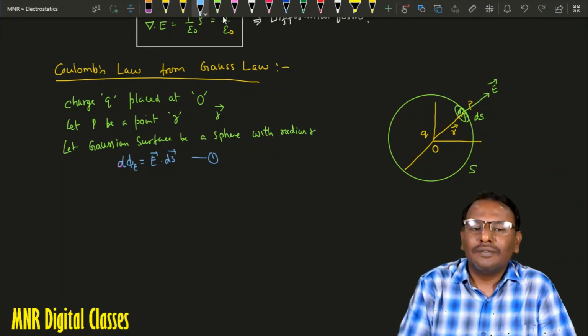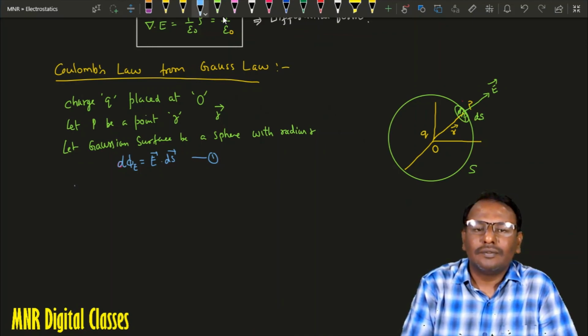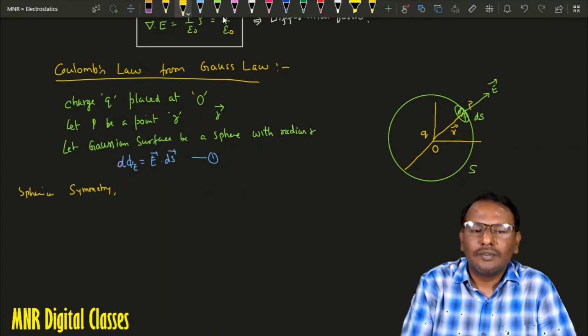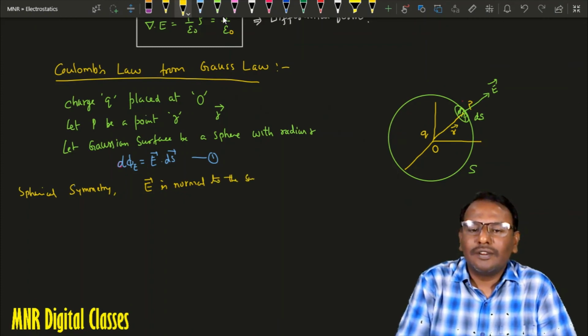Now observe here, from symmetry, that is the spherical symmetry, the electric field vector E bar is normal to the surface, and hence E bar and the unit vector n cap representing the normal are parallel to each other.